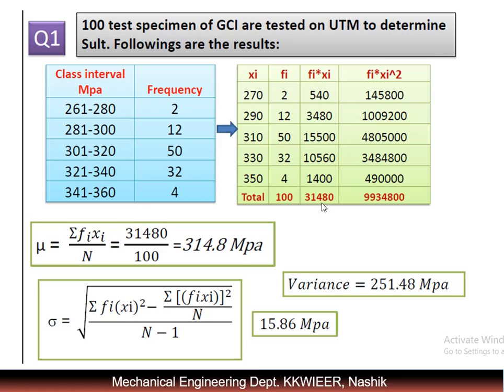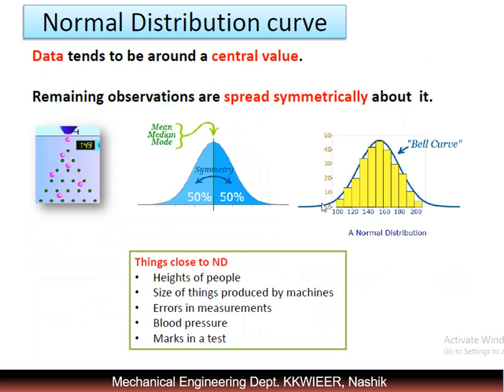If you look at the normal distribution curve, data tends to be around a central value, and the remaining observations are spread symmetrically about it. Suppose these are the data; from this we can easily plot this type of graph, called the normal distribution curve.